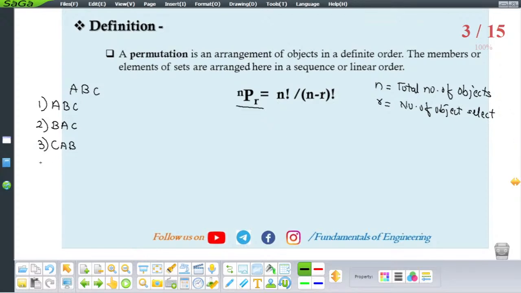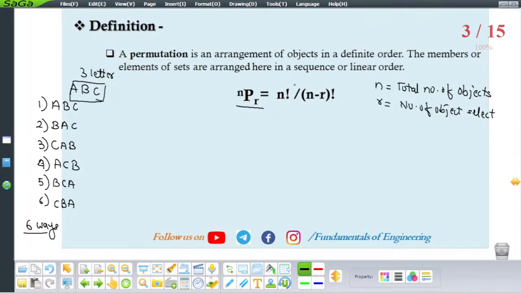In the fourth way, changing the position of C and B, we get A, C, B. Then fifth, changing the position of A and C, we get B, C, A, and changing the position of A and B, we get C, B, A. So you get 6 different possible ways to arrange this 3-letter word ABC.